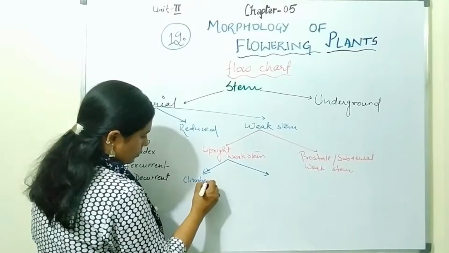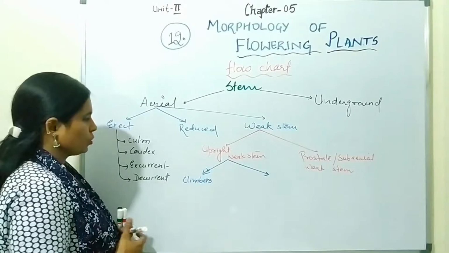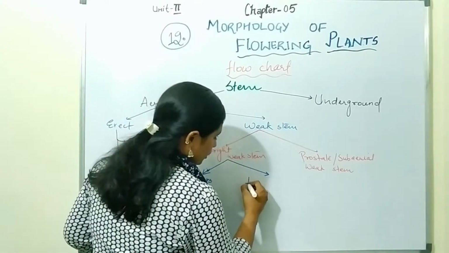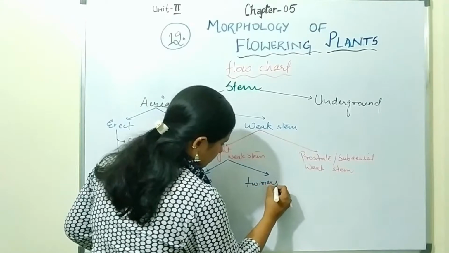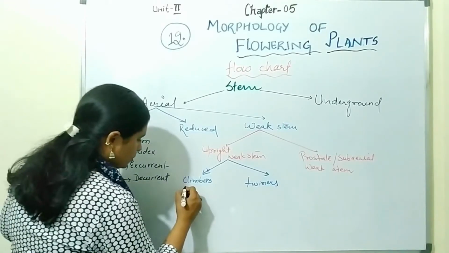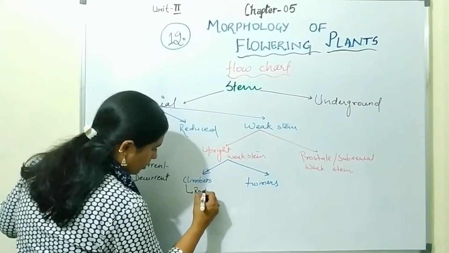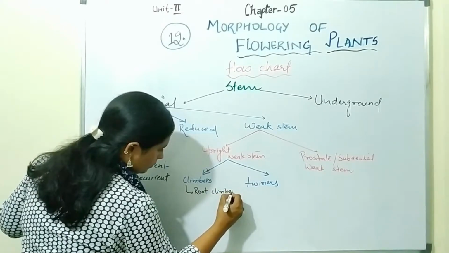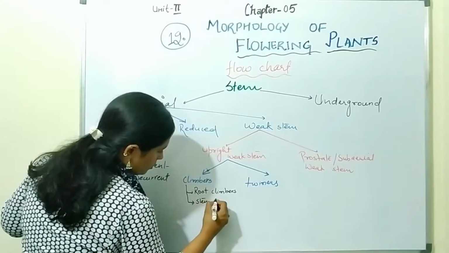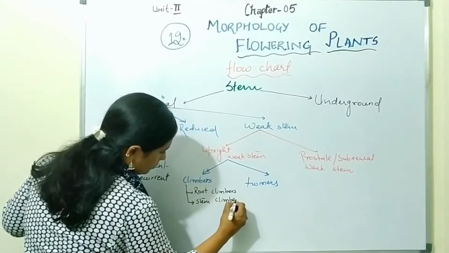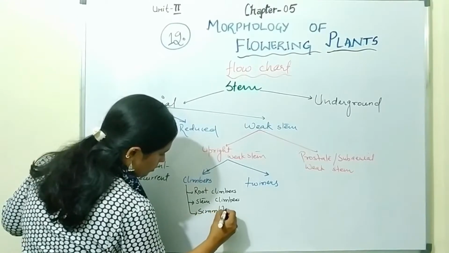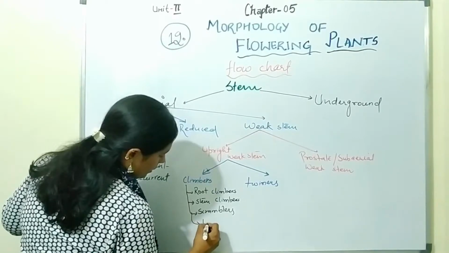In upright weak stem, we had to talk about climbers and twiners. In climbers, there are different types: root climbers, stem climbers, scramblers and lianas.